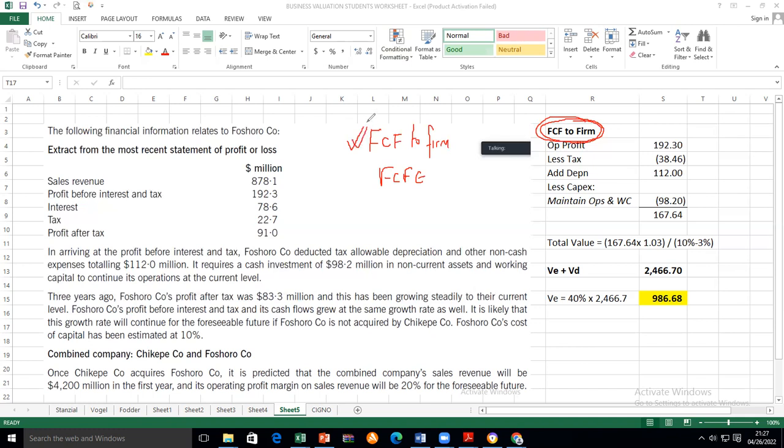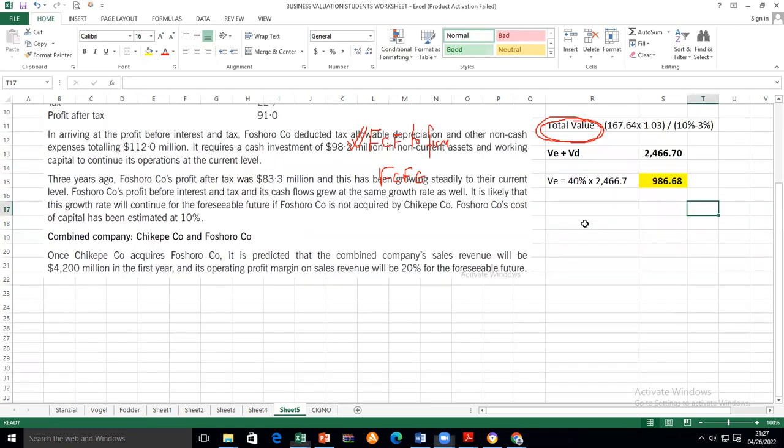That's the one which is more common in the exam. So now let's just put our workings together. Where are we going to? Where we're going to is these two companies.